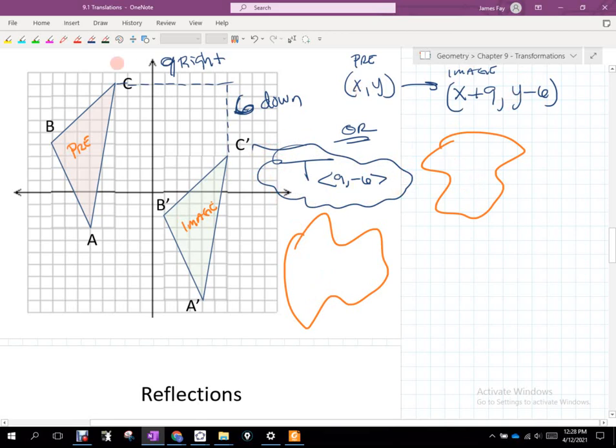Other ways you can do it: they could give you this ordered pair, negative 3, 9, and tell you that this ordered pair here is 6, 3. Well, if I look at the difference, -3 minus 6 gives me -9, right? And 9 minus 3 gives me 6.